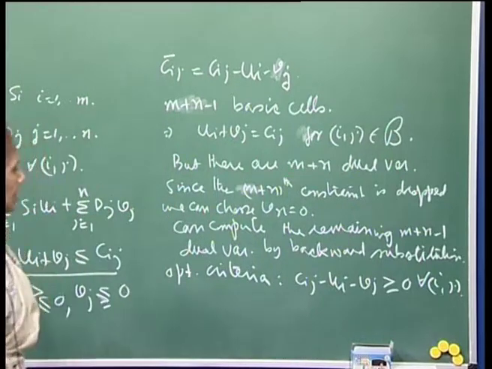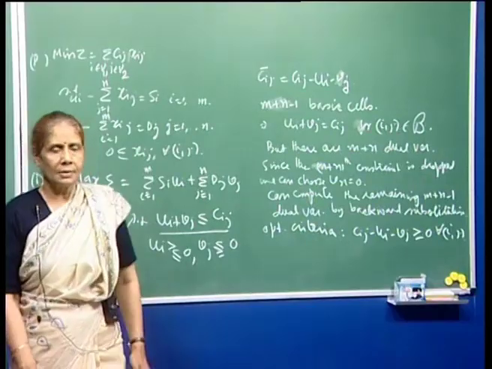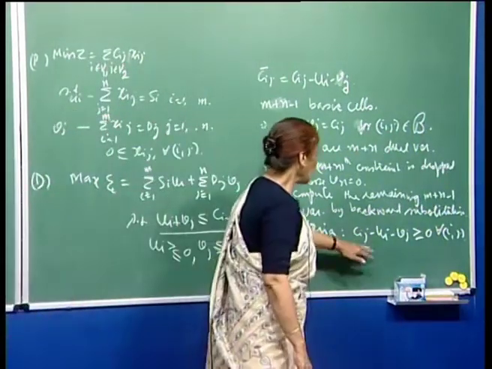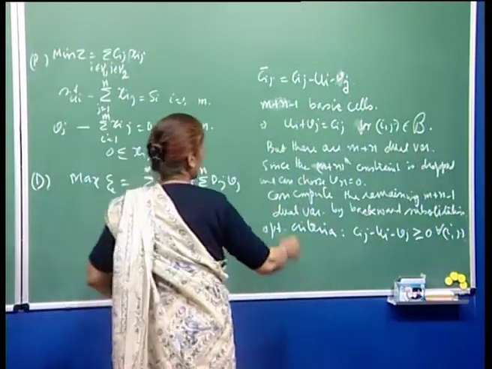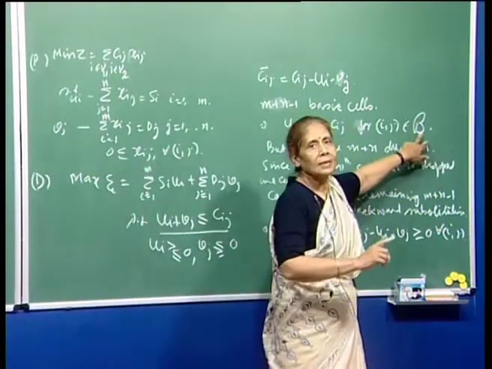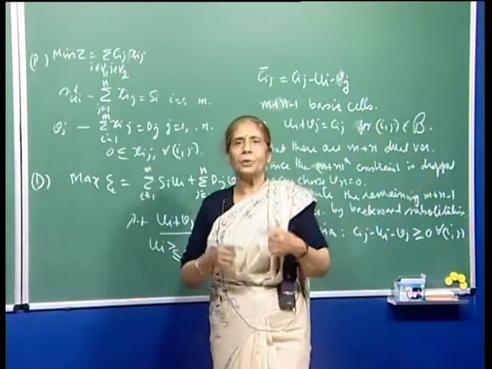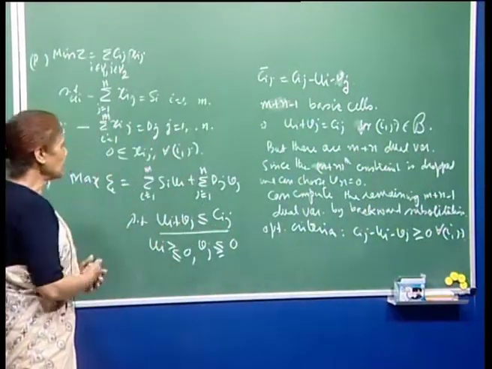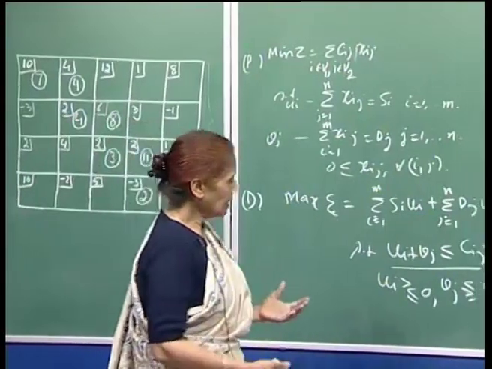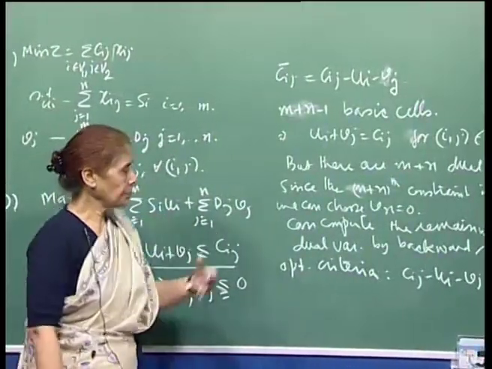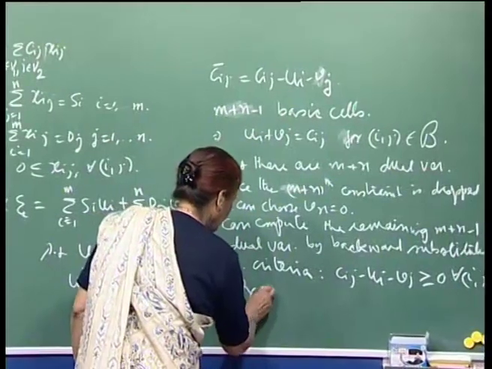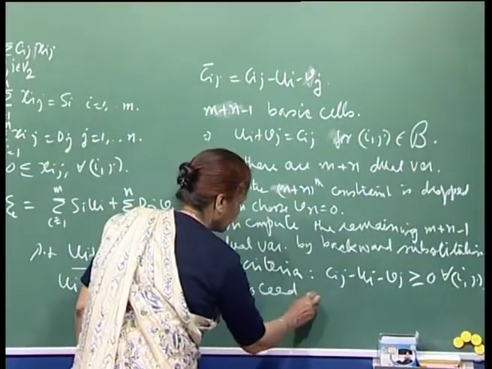If you find a cell for which this is less than 0, you will proceed with the simplex algorithm, and that means that cell will be ready to enter. We saw that if you add a non basic cell to the basic set, it has a theta loop. In the theta loop you do plus theta minus theta, you get a new basic feasible solution, update your dual solution, and so you can proceed with the simplex algorithm.